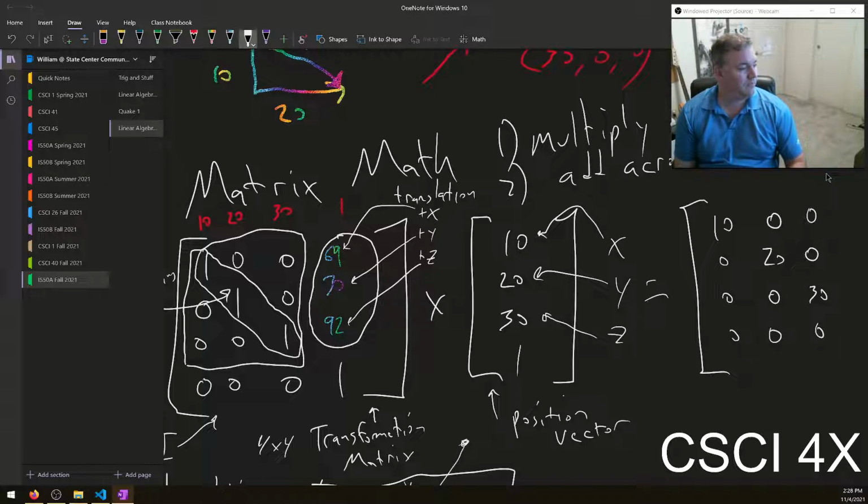Good. And then for this one, we're going to multiply 69, 30, 92, 1 times 1. I hope Hazelton, Torres, and Wong are doing it. Hopefully all of you can tell me what this area here times 1 is.